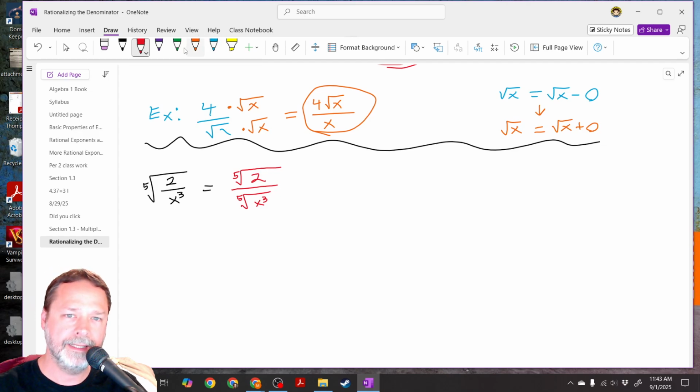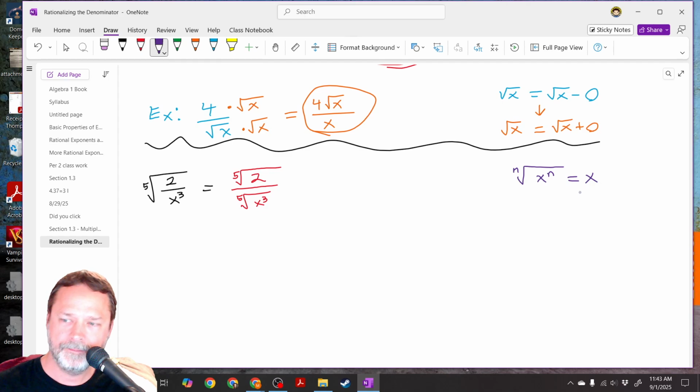So now, again, I got to be more creative, kind of like I was up above. I got to be like, well, how am I going to get rid of this root? I want it gone. And I'm going to use this little property we have, that the nth root of x to the n is x. That's what I'm going to do. So I have 3 x's under the root.